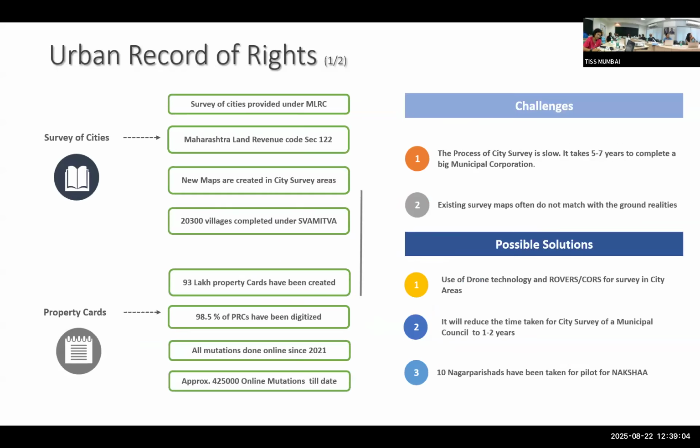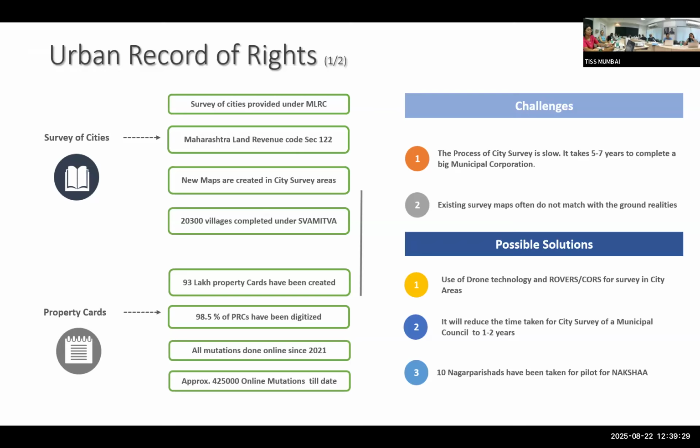Now let us go to urban record of rights. Whatever I told is related to urban as well as rural record of rights. But there is a huge development that is happening in urban record of rights. And sir was also saying that Maharashtra is leading in this because Maharashtra has a very high speed of urbanization.